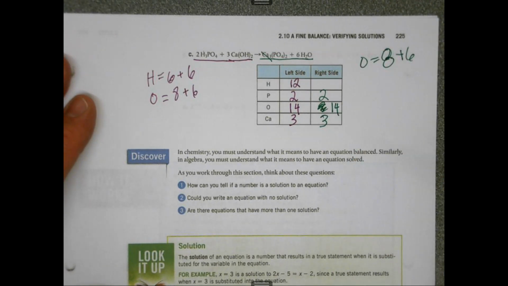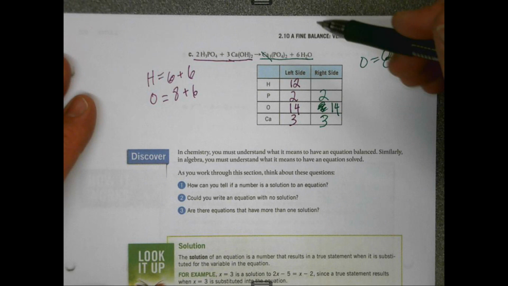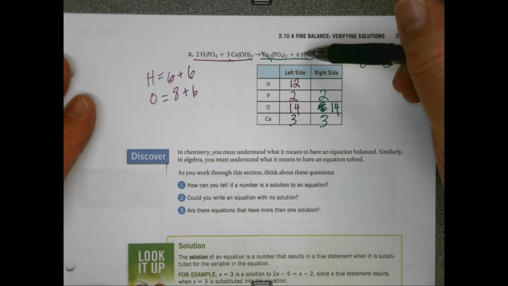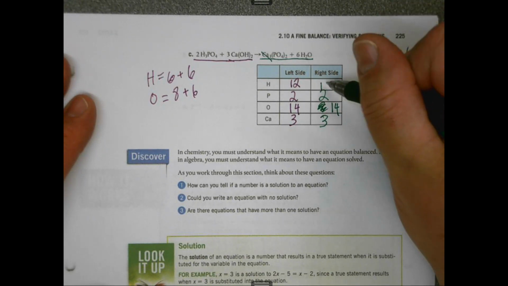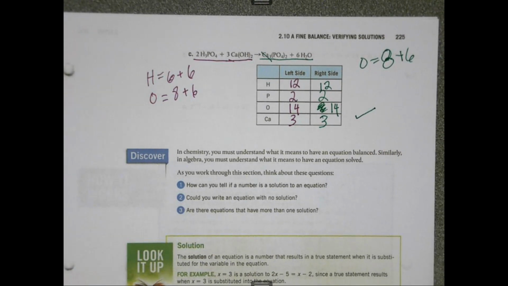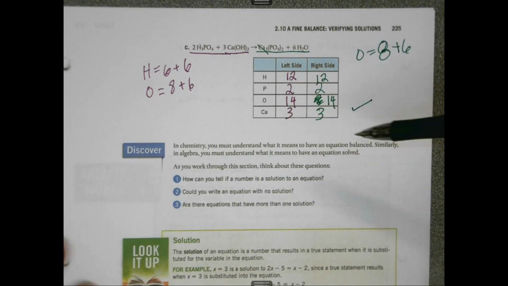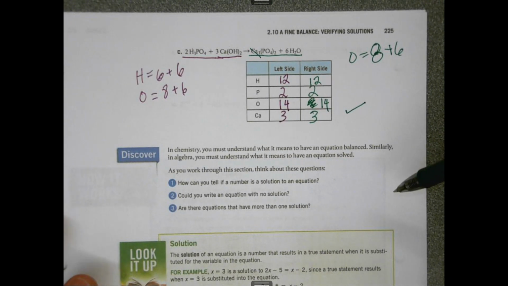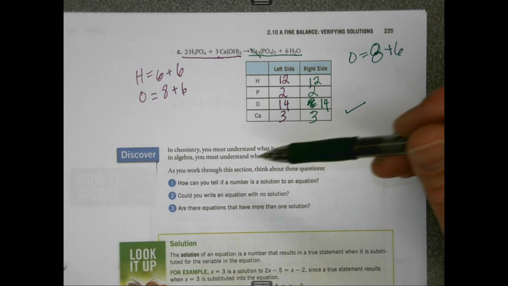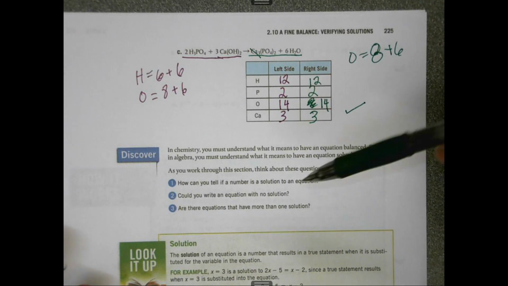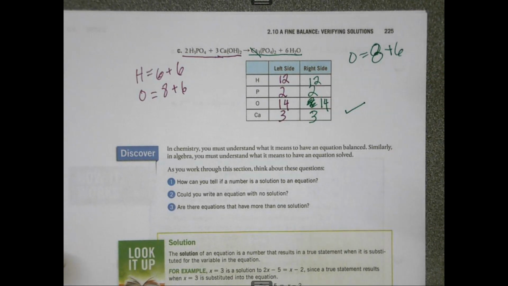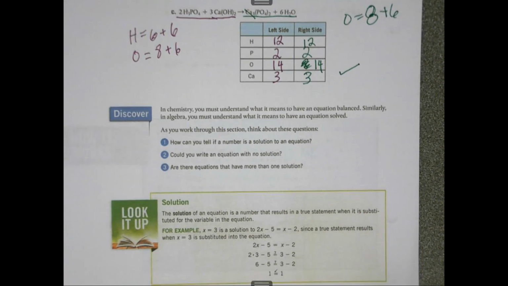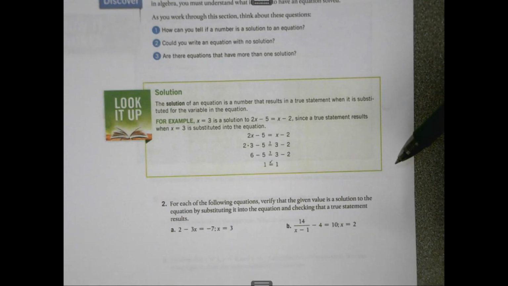So they give a little explanation about chemistry and what it means to have a balanced equation. So in algebra, it works the same thing. You must have an equation that can be solved. All right, for example, when they give us an equation and they give us a value for x, we are supposed to determine whether that statement is true.